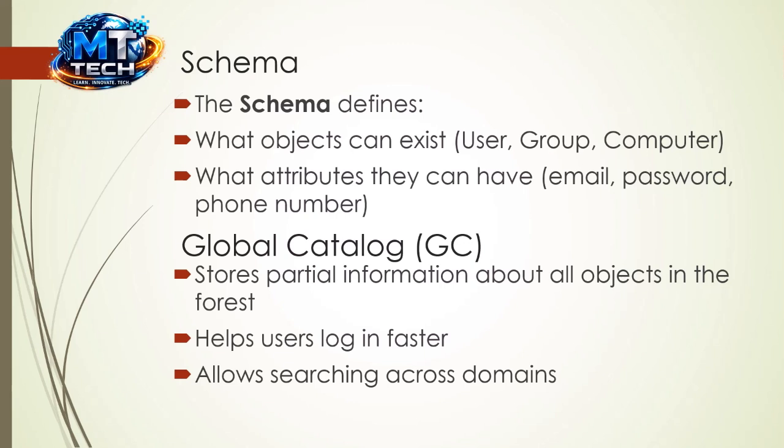The key point is there is only one schema per forest, stored in the forest root domain. So the next one is the global catalog. The global catalog stores partial information about all objects in the forest, helps users log in faster, and allows searching across domains. Very important in a multiple domain environment.